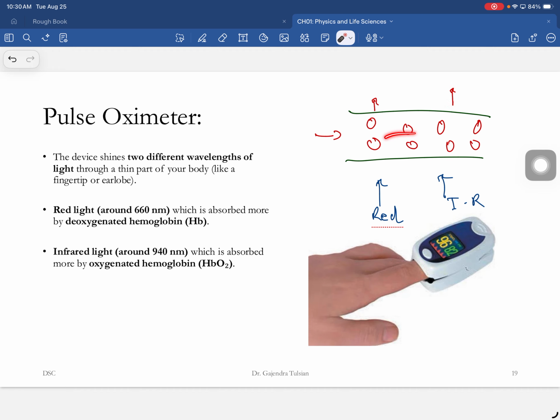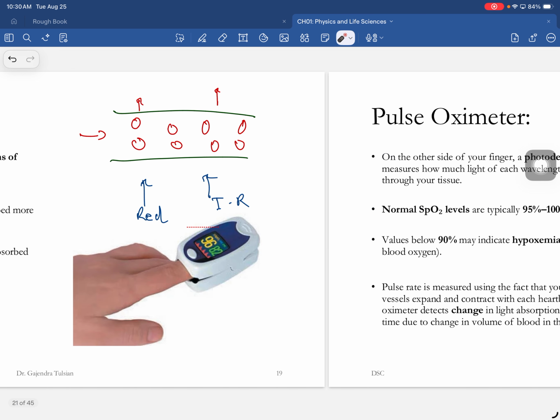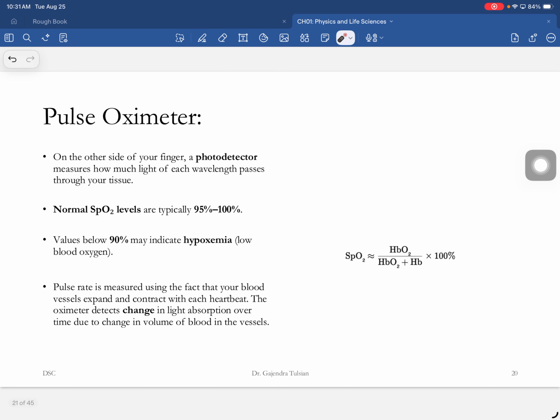Every time more blood flows, this intensity decreases, irrespective of the level of oxygen. So that's how you measure the pulse rate, just from the volume flow rate. The oximeter detects changes in light absorption over time due to changes in volume of the blood flow.